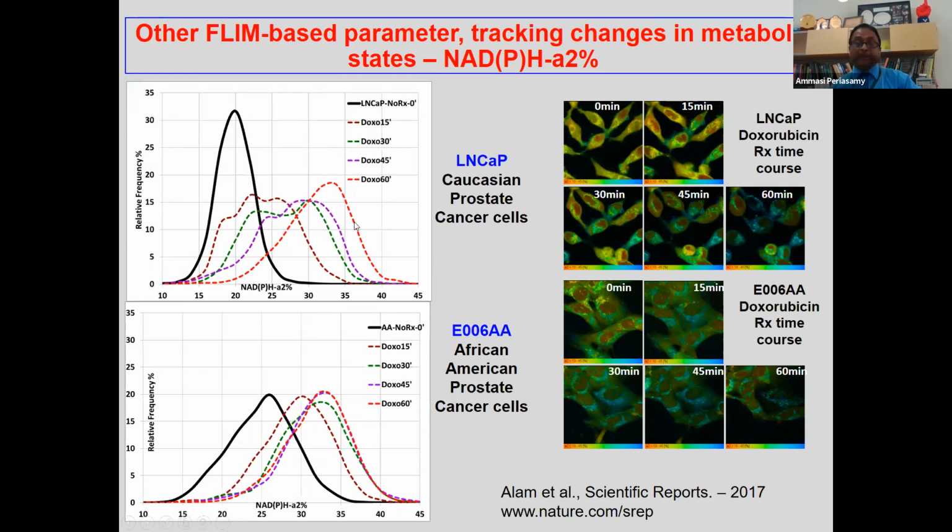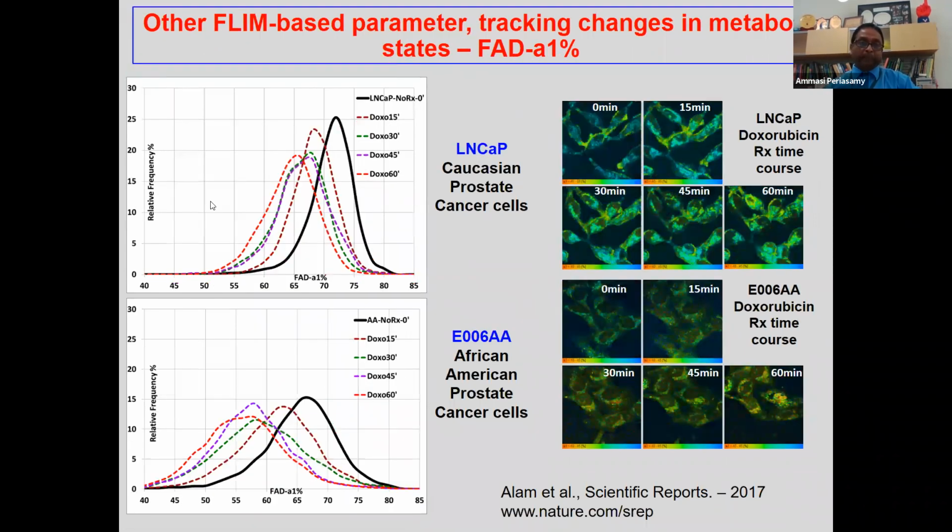We measured the FLIRR value, which is the bound coenzyme NADH. And this is the FAD; bound FAD decreases with the drug over time. You can clearly see the control is here, the black line, and the response is on the other side, it decreases 1%. Both LNCaP and African American prostate cancer cells.